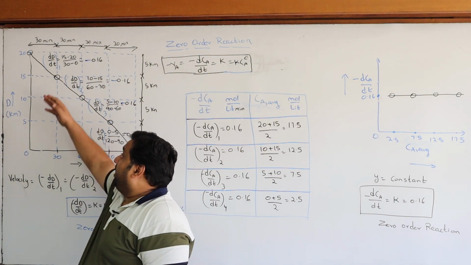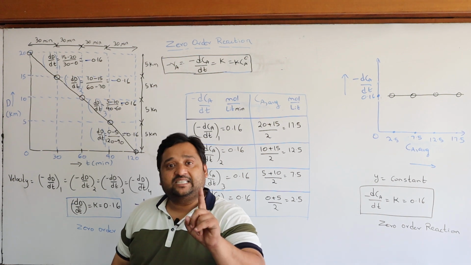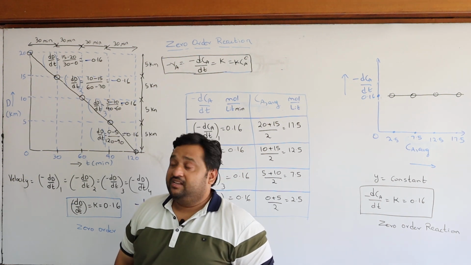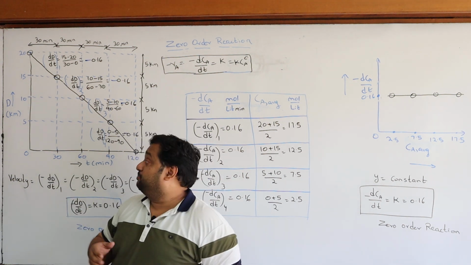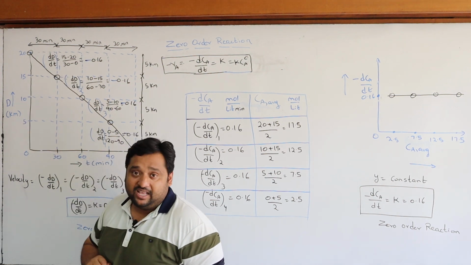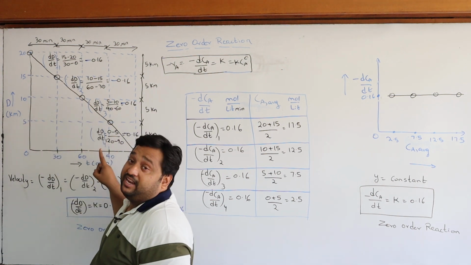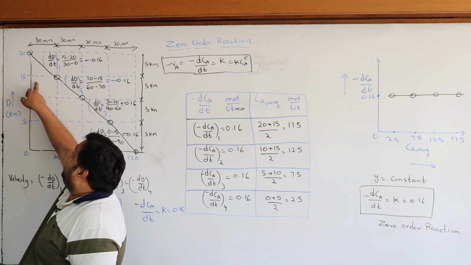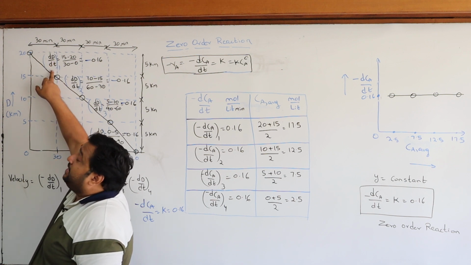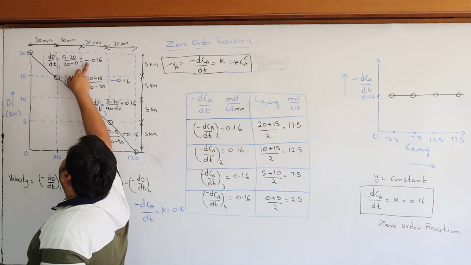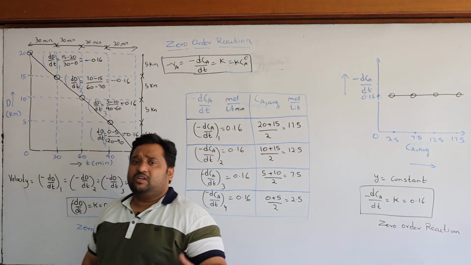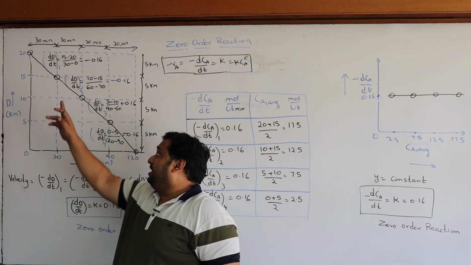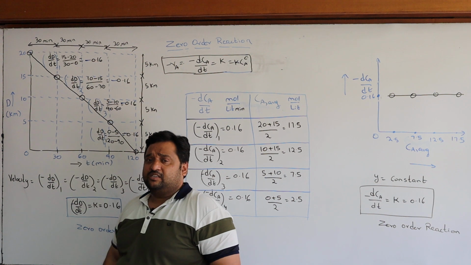That means every 5 kilometers he has taken 30 minutes. Let us calculate the speed. Speed is nothing but dd by dt, the slope of this line. Between 20 to 15 kilometers, dd by dt, the slope, is minus 0.16, negative because the line is falling, I mean the slope is negative.